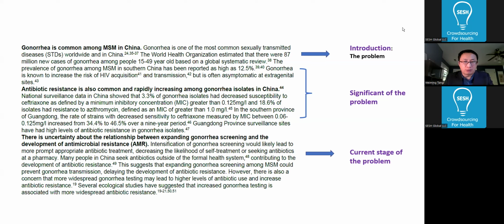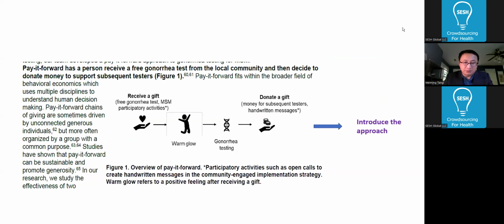Then you want to propose a study to address the research gap and limitations. After you identify the problems, you propose your own idea or approach to address them.